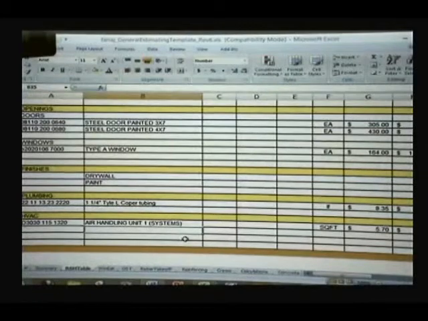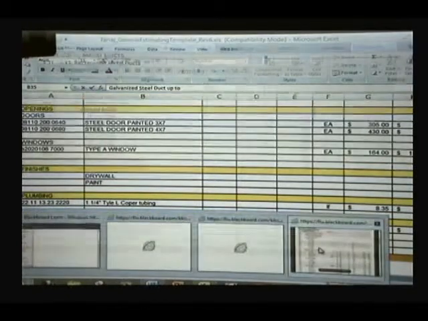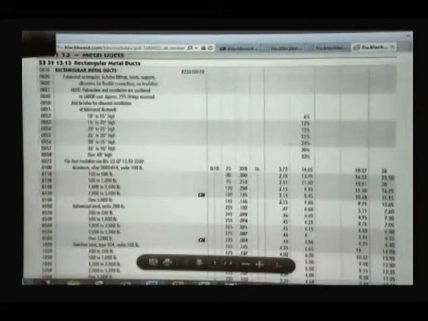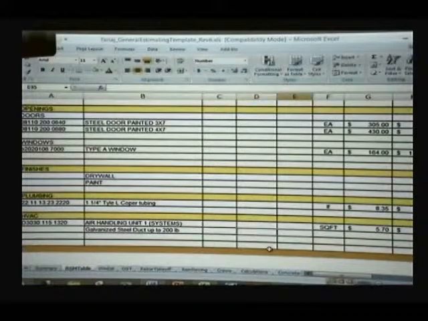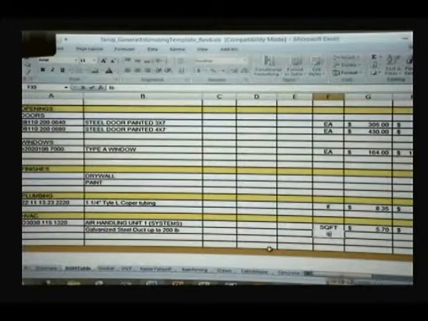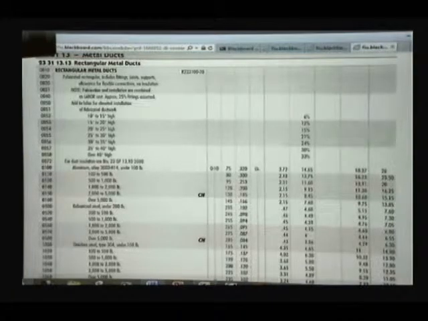So this will be galvanized steel duct up to 200 pounds. The cost is per pound, and that cost is 0.47 and 4.68.